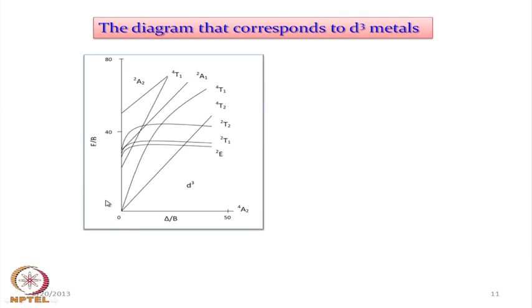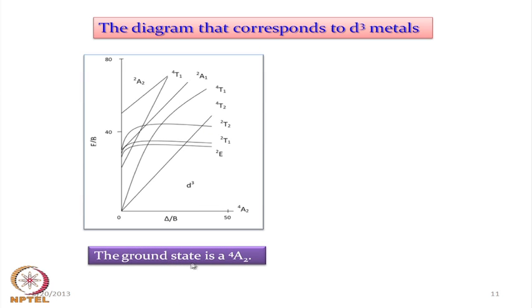So, here on the left hand side we have the free ion term, and this diagram gives us a particular type of correlation diagram, which is useful to find out the types of electronic transitions and what particular state is involved from here to there.